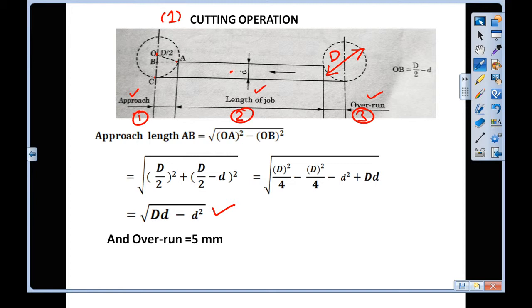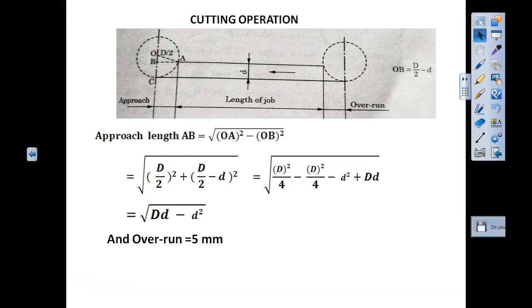And in this case of cutting, we simply take this overrun as 5. So add these two values, approach length and overrun, to the length of the job to calculate the length of the cut.